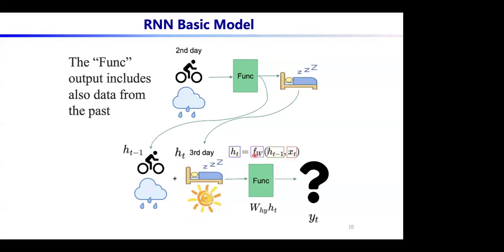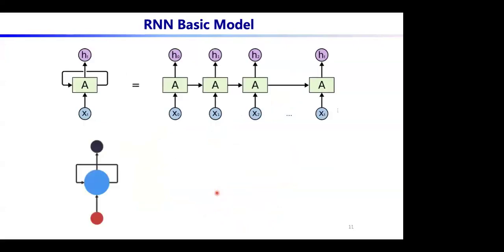So it is an iterative kind of process. And it also includes the current condition of the current day. So something like that. And then okay, so now we can build some kind of network.